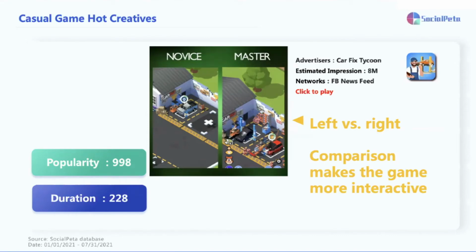Let's take a look. Well, this kind of comparison video will inspire the user to take a try. And it's very classical because people will always think that they are the masters, not the amateurs.